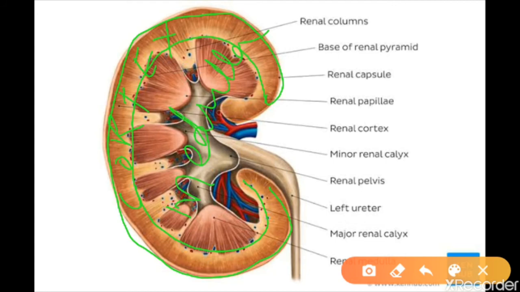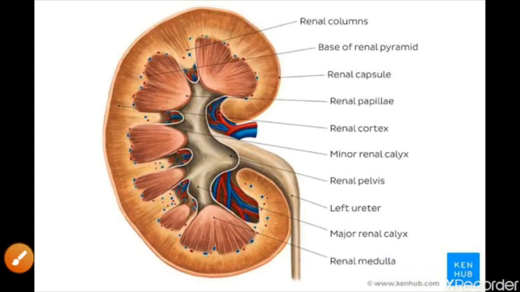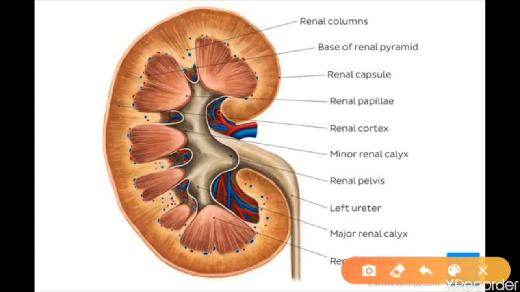Mainly the nephron is present in the cortex part, just like here. Millions of nephrons are present in the kidney. They remove the toxins from our body.